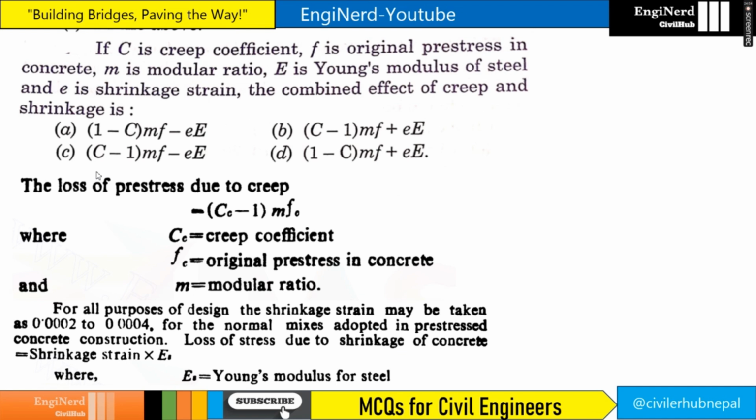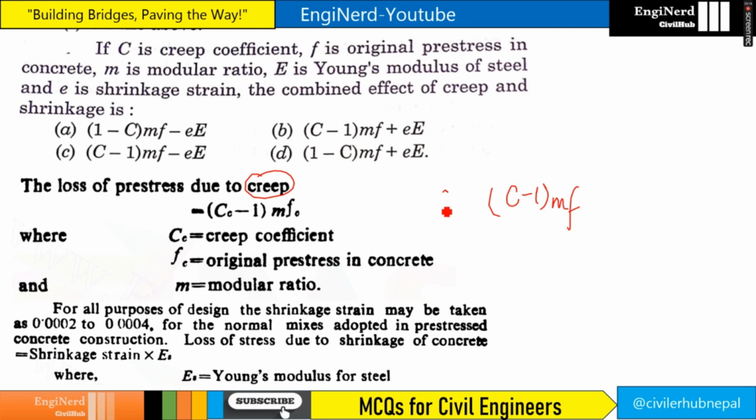Next is, if C is the creep coefficient, F is the original pre-stress in concrete, M is the modular ratio, E is the Young's modulus of steel, and e is the shrinkage strain. The combined effect of creep and shrinkage is, so the loss of pre-stress due to creep is given as (C minus 1) M F, right?